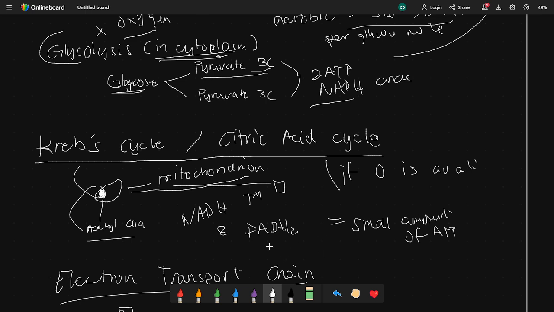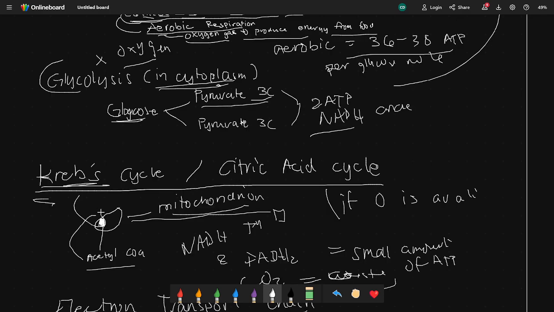Carbon dioxide, CO2, is released here as a waste product. The Krebs cycle is the crucial preparation stage that loads electron carriers with energy for the final step, which we'll go on to later.